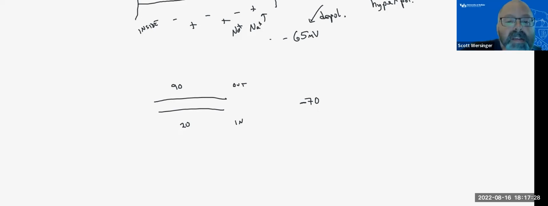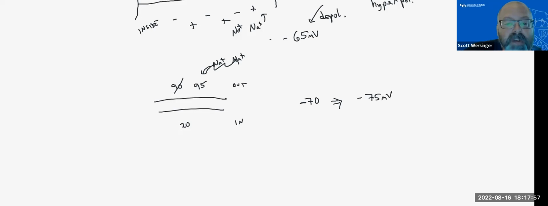Now, what if I add some positive charges? I add some points to the outside. So now instead of 90, let's say we're at 95. Now what's the difference? It's gotten larger, because we added points here. So now instead of minus 70, it will be minus 75 millivolts. We've increased the difference.